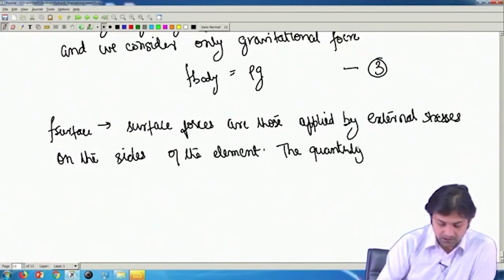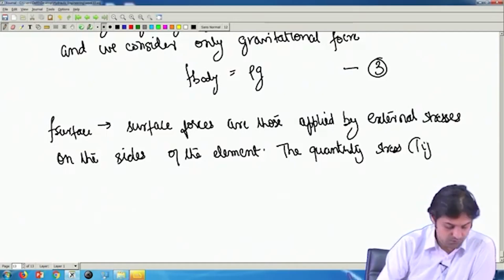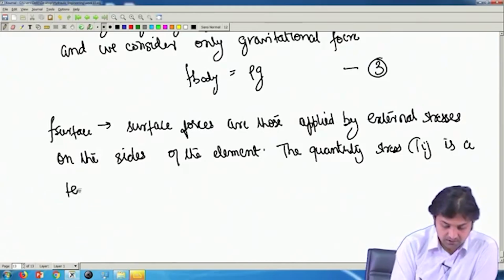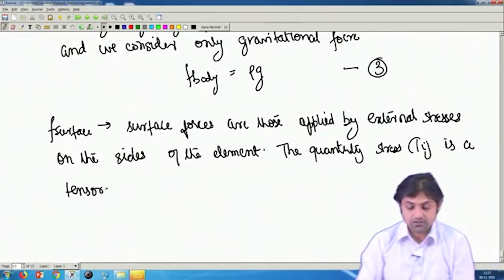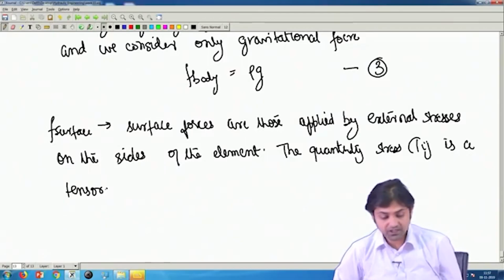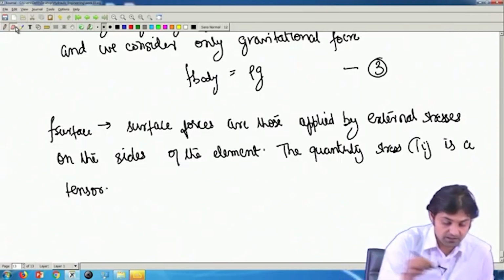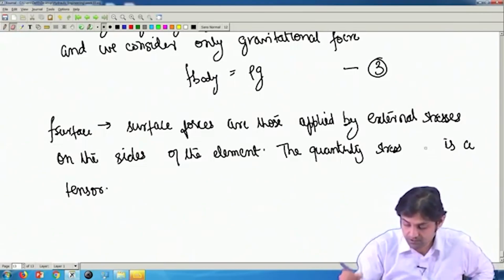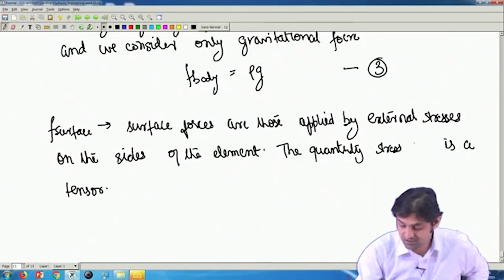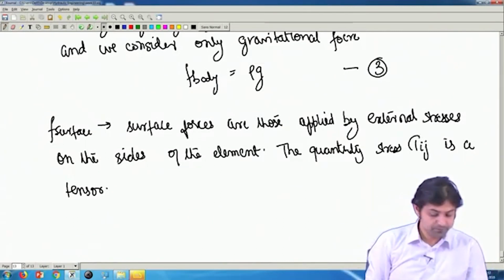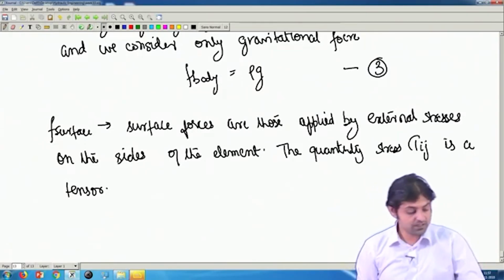This quantity, the stress tau ij, is a tensor. So surface forces are those applied by external stresses on the sides of the element, and this is called tau ij, and this tau ij is a tensor.